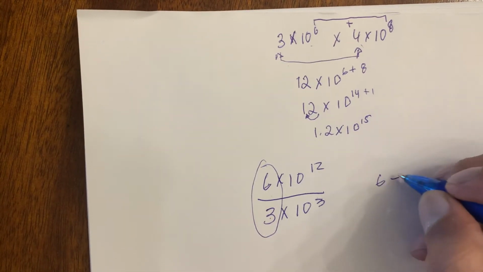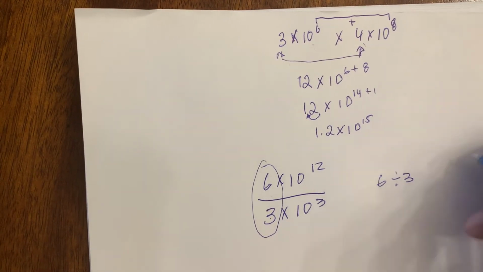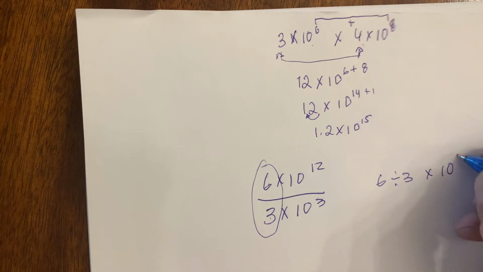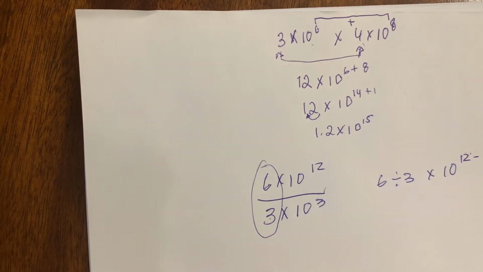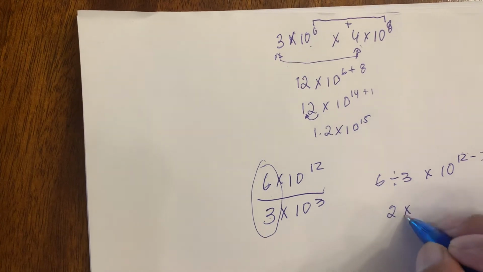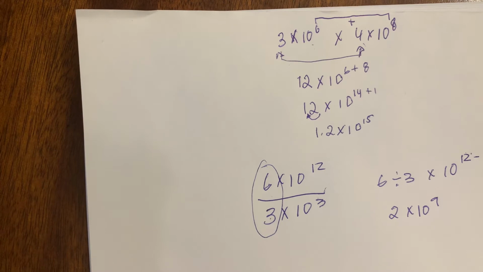So it'd be 6 divided by 3, or 6 over 3, times 10 to the 12 minus 3, because a division gives you the subtraction. So it'd be 2 times 10 to the 9. And that's how easy it becomes.